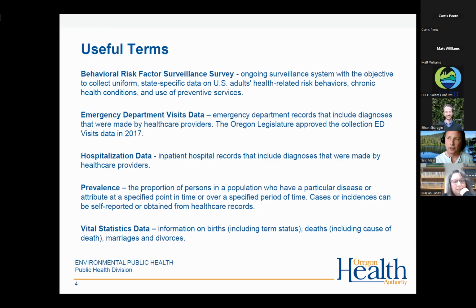Because this is self-reported data, it isn't the same quality as you would get from a clinical survey. For example, if we were looking at something like body mass index that's self-reported in the BRFSS, it would deviate some from a clinical survey.